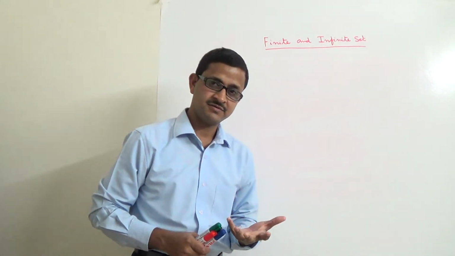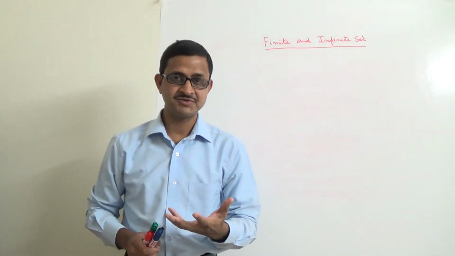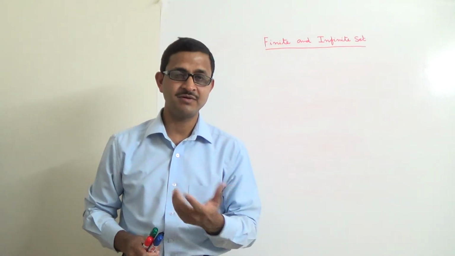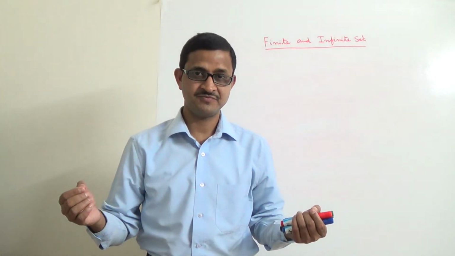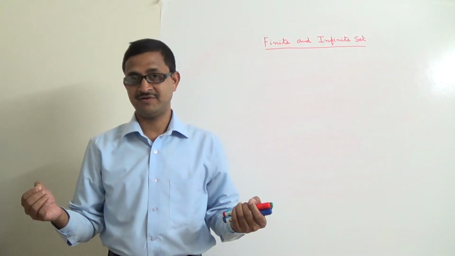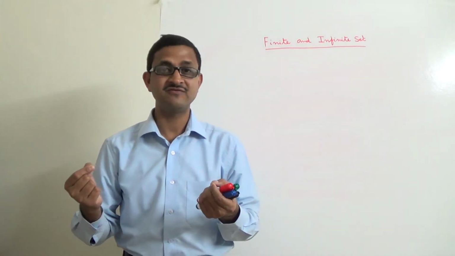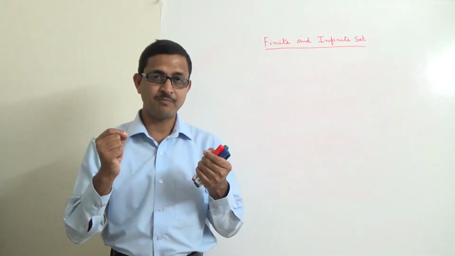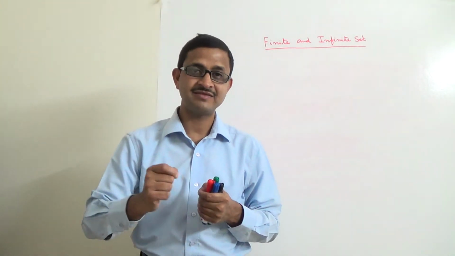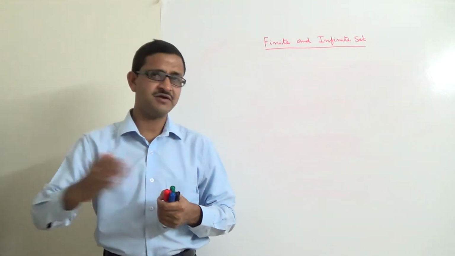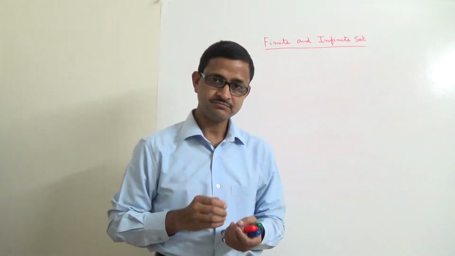On the other hand, the infinite set is the set whose elements are not countable. What are the examples? The set of real numbers. You really cannot count, right? If I tell you to find the number of real numbers between 1 and 2, it is infinite. The set of points in a plane, the set of straight lines in a plane, it is an infinite number. That's why it is called the infinite set. Okay?